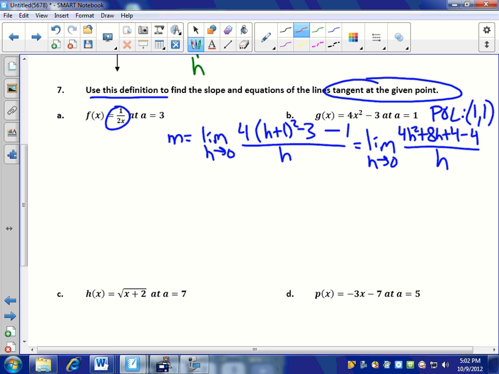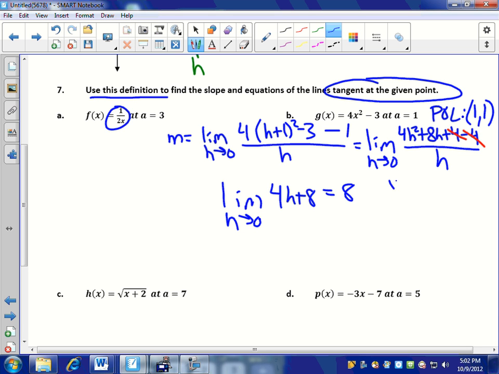You can see right here that your 4's cancel. Factor out an h. We get the limit as h goes to 0 of 4h plus 8. Plug it in. Slope is 8.